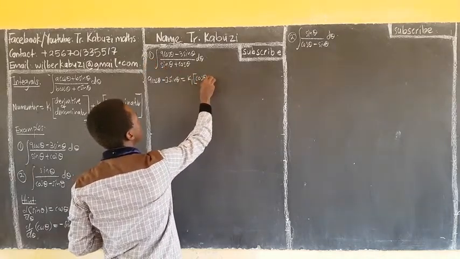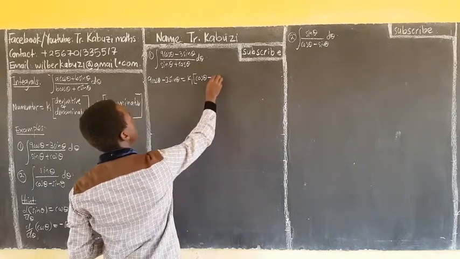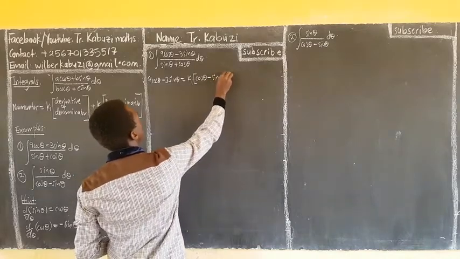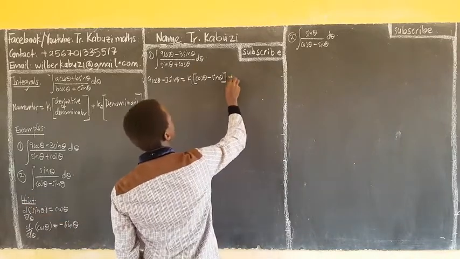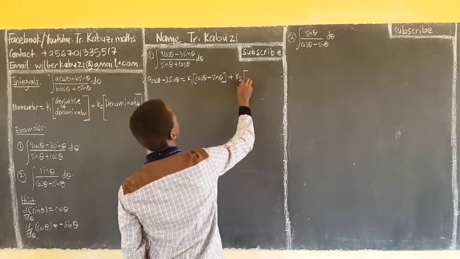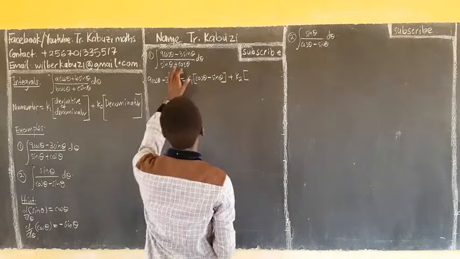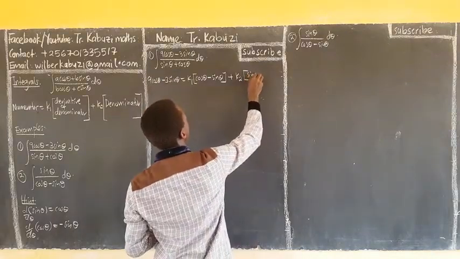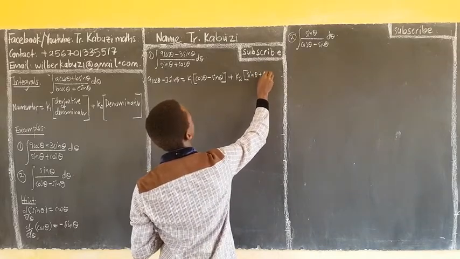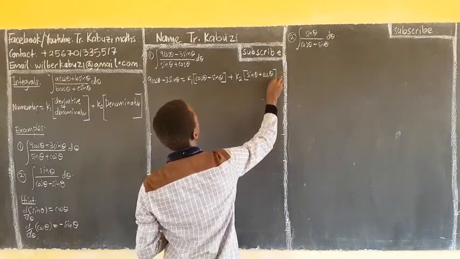When I differentiate cos, I get negative sin theta. Then plus K2 times the denominator itself, which is sin theta plus cos theta.